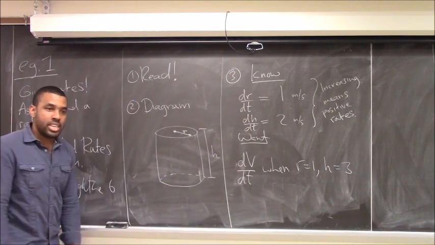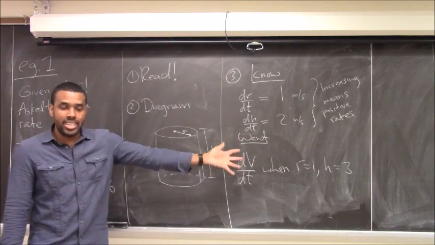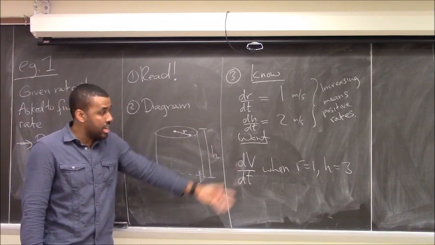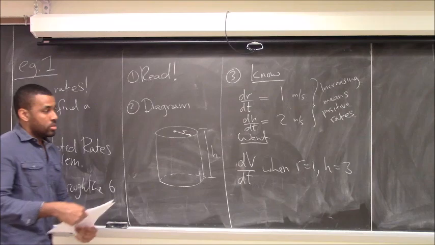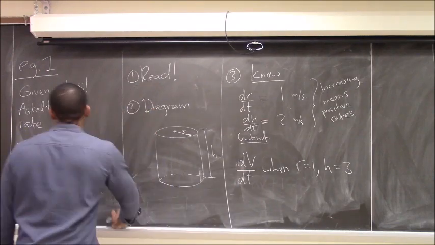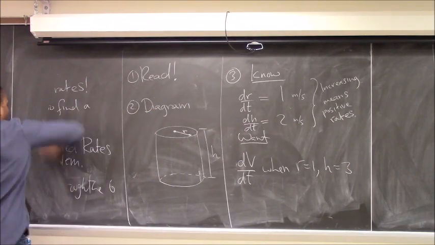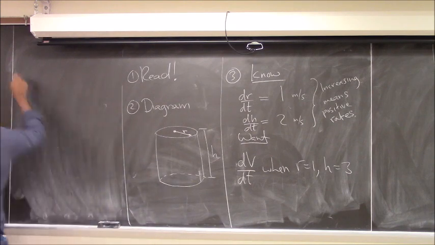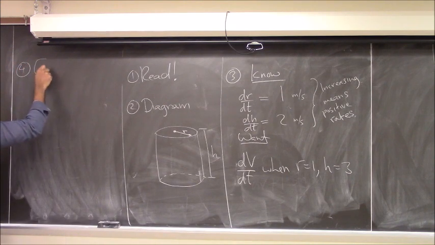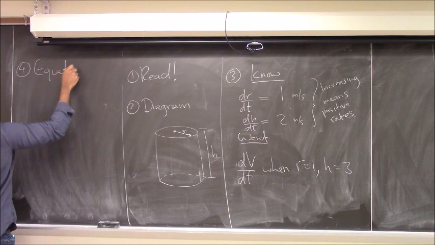So we know at the end of the day, I need to find dV/dt. I need a value for this answer under these conditions. Okay. So the next thing, which hopefully step 2 will help you with, is you want to come up with an equation that relates all these variables.